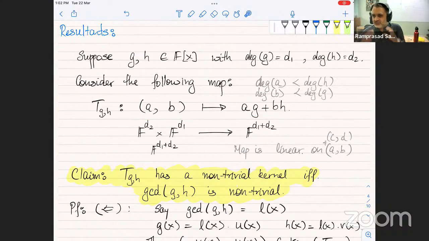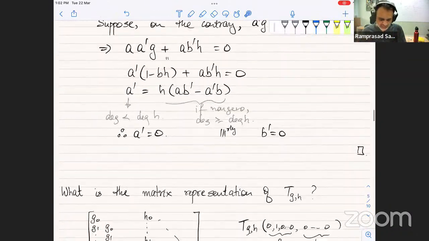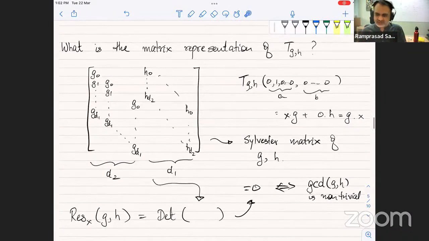Once you have a linear map where the kernel is encoding information about whether the GCD is non-trivial or not, you can immediately start looking at the determinant of the matrix that corresponds to this linear map. And that determinant is what the resultant is. So if g and h are polynomials in a certain number of variables, and you're looking at the resultant with respect to x, then the resultant is a polynomial in all variables besides x.